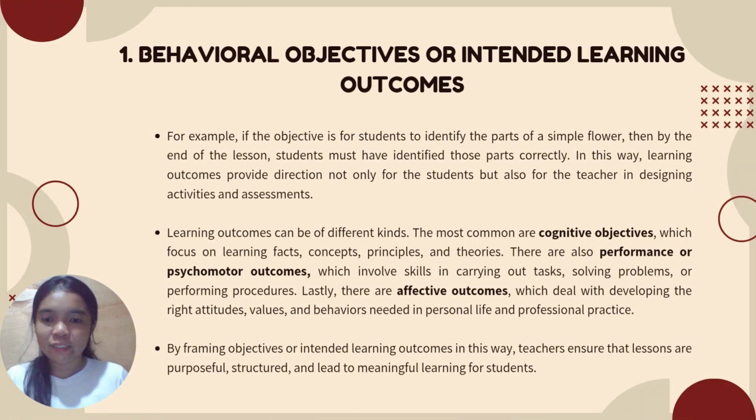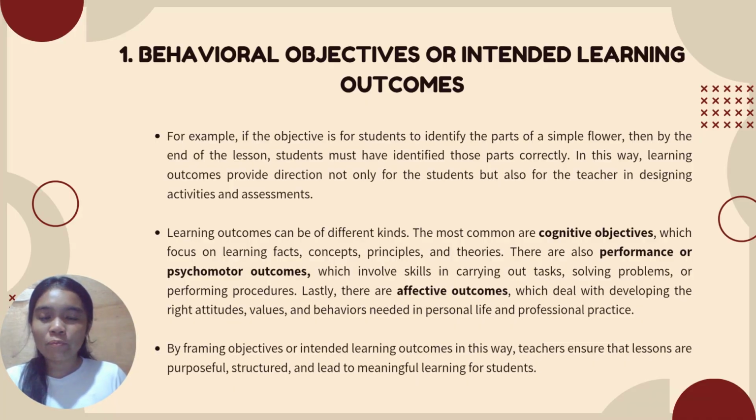Learning outcomes can be first, cognitive, which is all about knowledge like facts and concepts. Second, psychomotor, which is all about skills like solving problems or performance tasks. Third is affective, like attitudes and values.